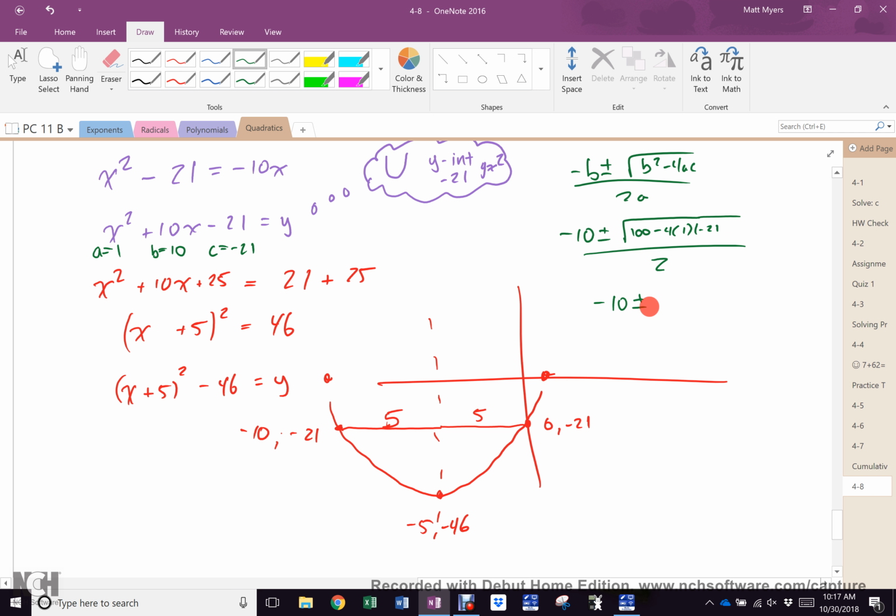Negative 10 plus or minus the root of 100. 4 times 21 is 84, right? So that's plus or minus the root of 100 minus 84, yeah? Which is 16 over 2, which is negative 10 plus or minus 4 over 2, which is negative 3 or negative 7.